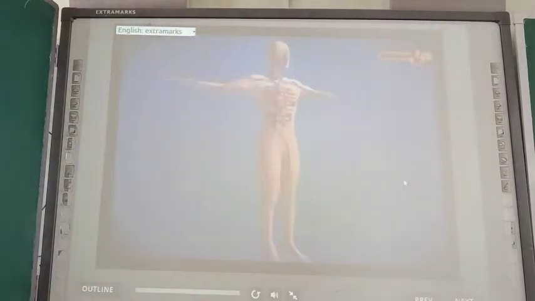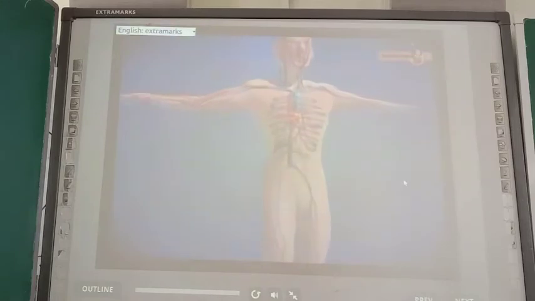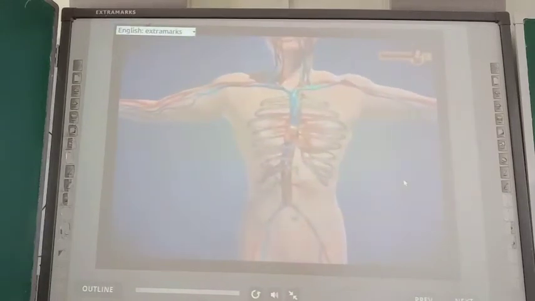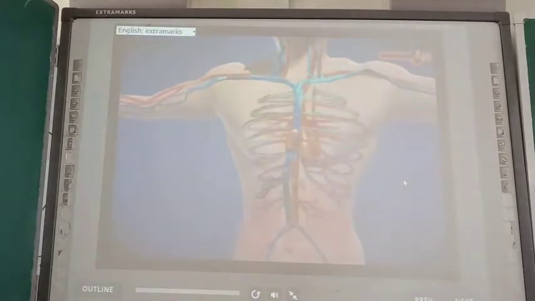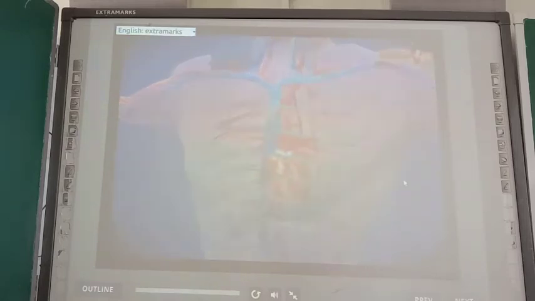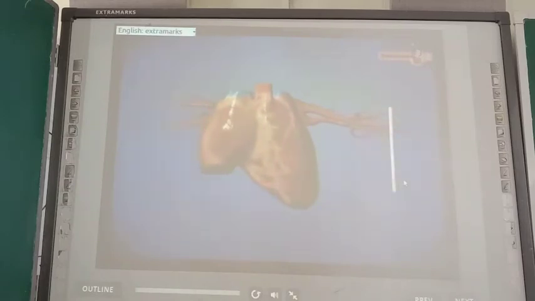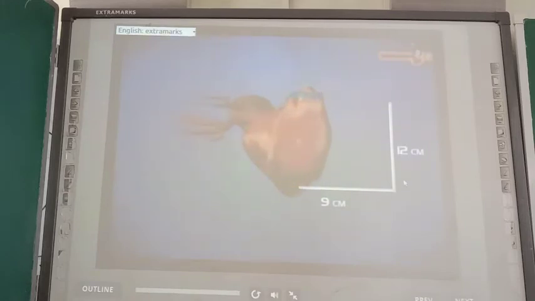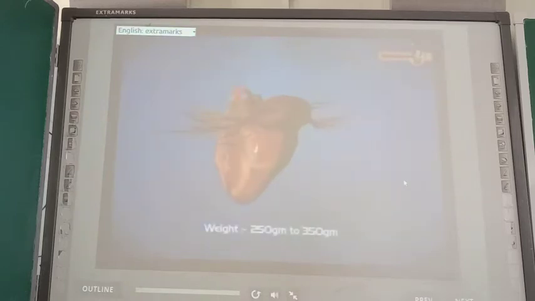The size of your heart is similar to your clenched fist, and it is slightly tilted to the left. The heart is about 12 centimeters long, 9 centimeters wide at the base, and approximately 6 centimeters thick. It weighs between 250 to 350 grams.